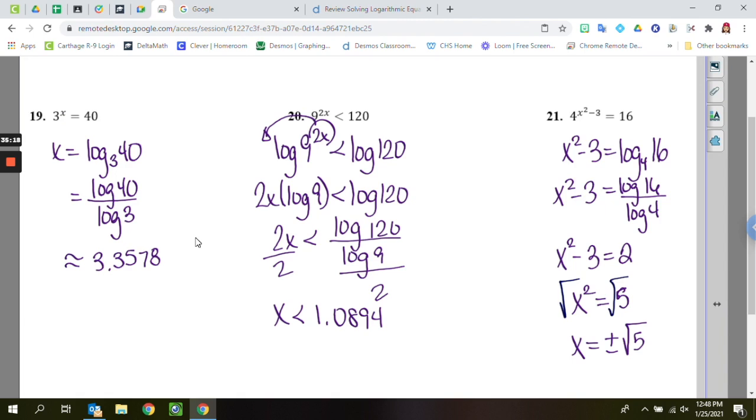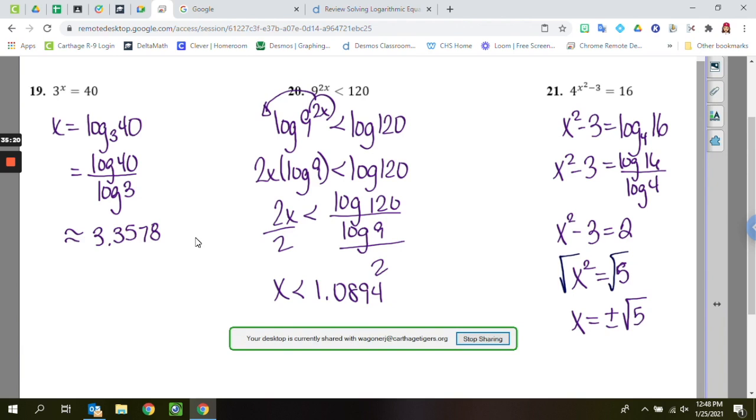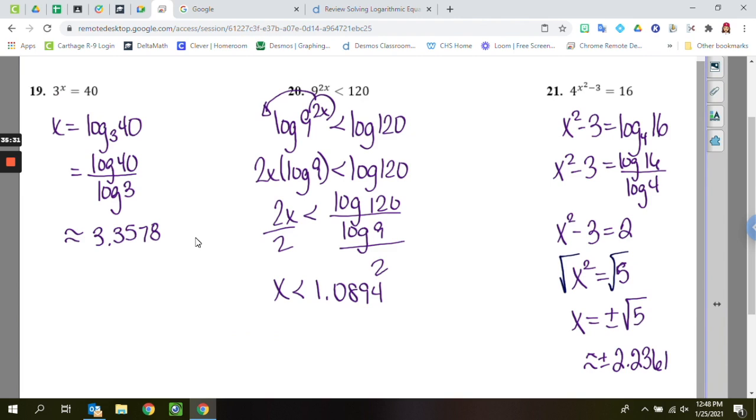However, you can also leave it as, let's see, 2.2361. So on 21, since we were neatly able to get to the square root of 5, I would still take that as an answer, because that's exact. Or if you gave me the decimal, that's fine too.